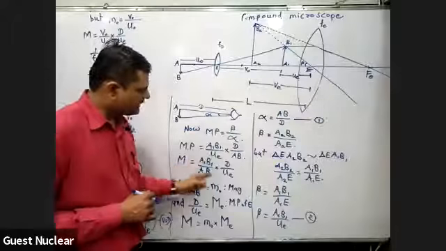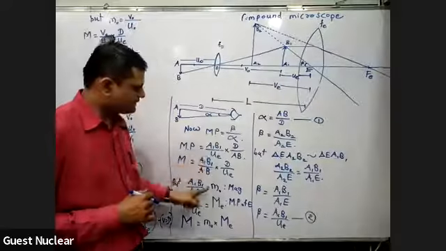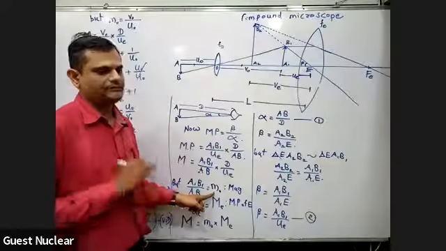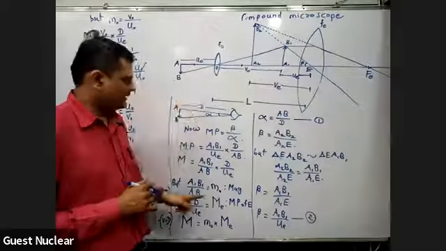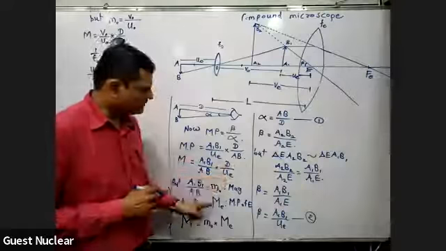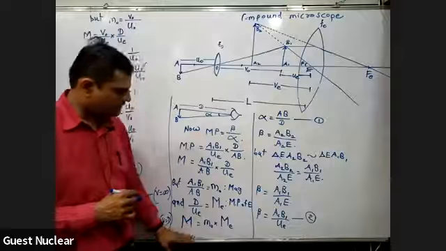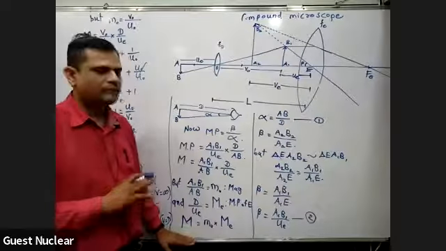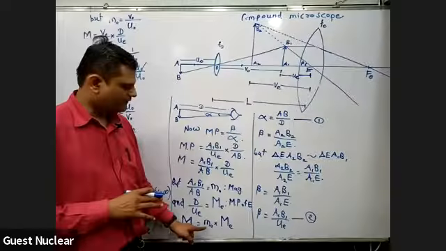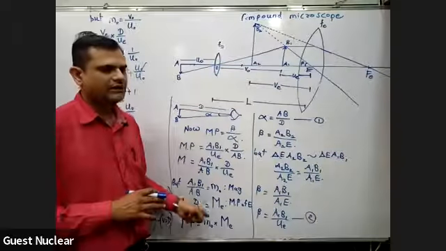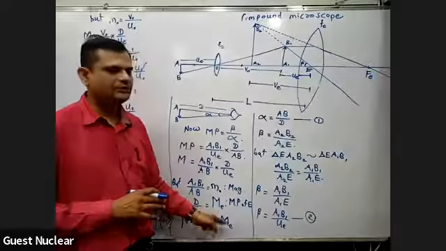Out of this, A1B1 upon AB is called the magnification produced by the objective, and D upon UE is nothing but the magnifying power of the eyepiece. That's why we get the standard result that the magnifying power of a compound microscope is the product of the magnification produced by the objective and the magnifying power of the eyepiece.